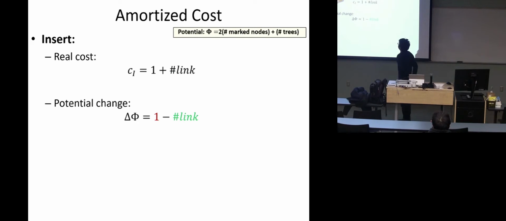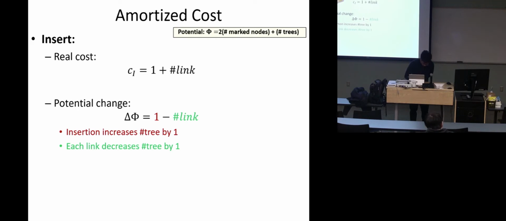Let's look at the cost of insertion. Again, the real cost is 1 plus the number of links. But now, let's see how the potential changes. First, you add one node into the collection, so the number of trees increases by 1.